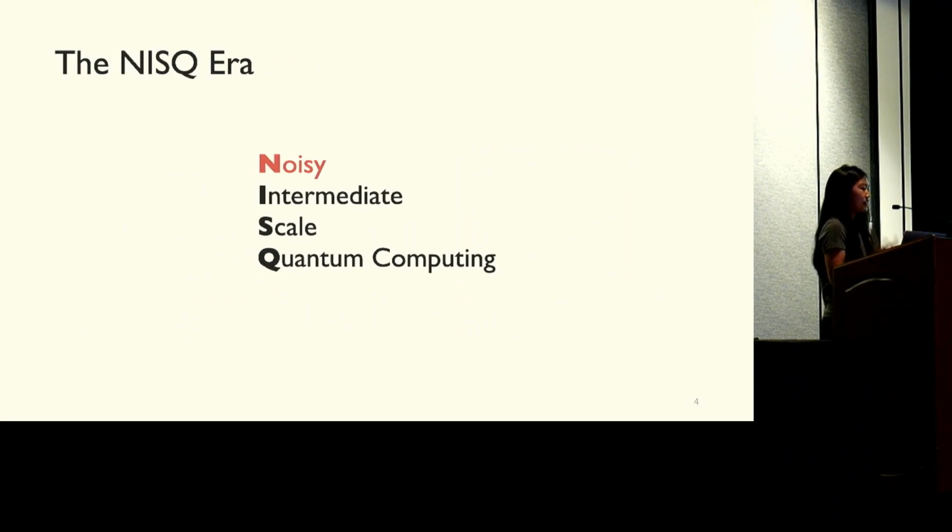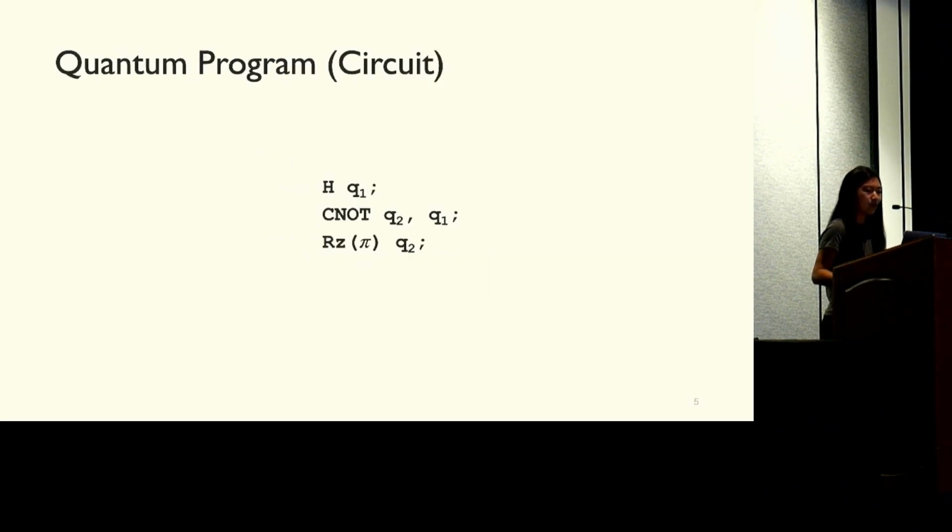It's called the NISQ era, and NISQ stands for Noisy Intermediate Scale Quantum Computing. The key word here really is noisy, because every quantum operation will introduce some probability of failure to your computation. To get into how these errors affect your computation, let's look at what a quantum program looks like.